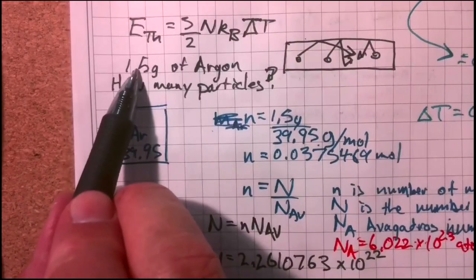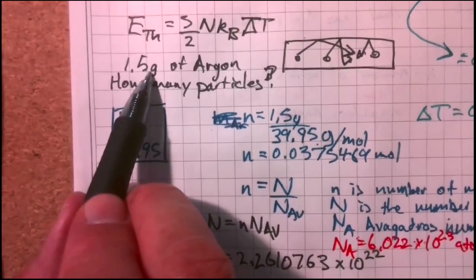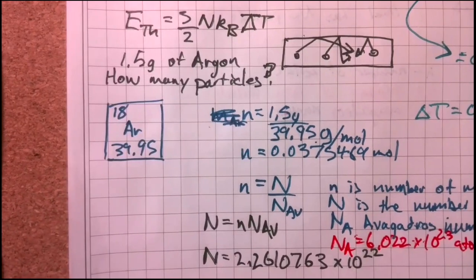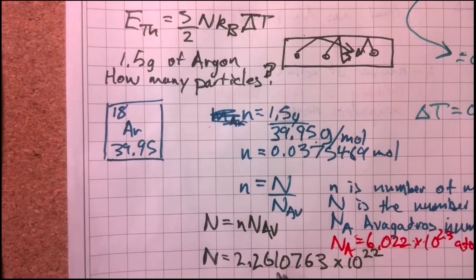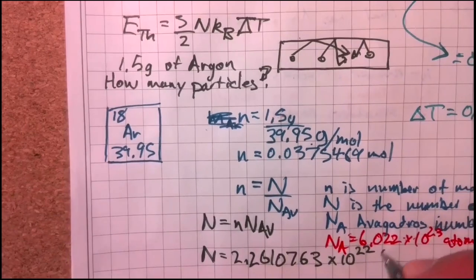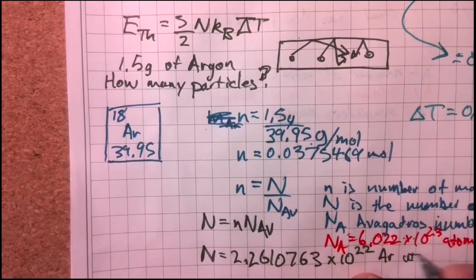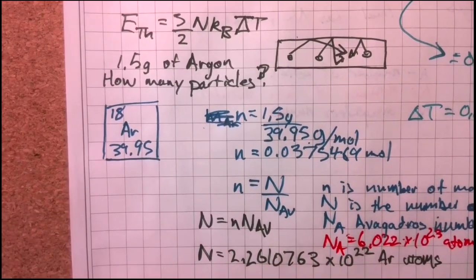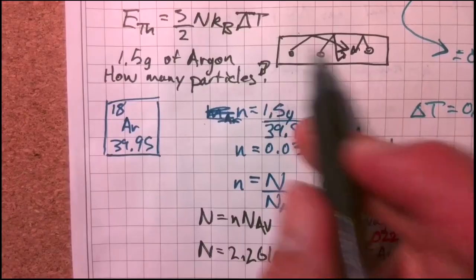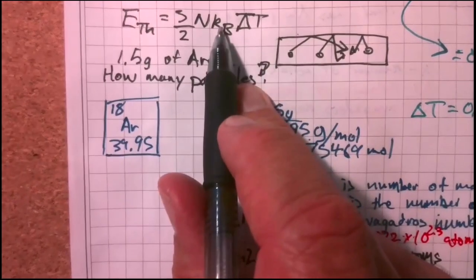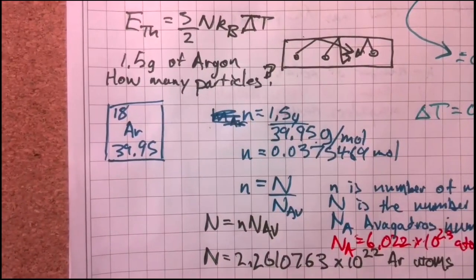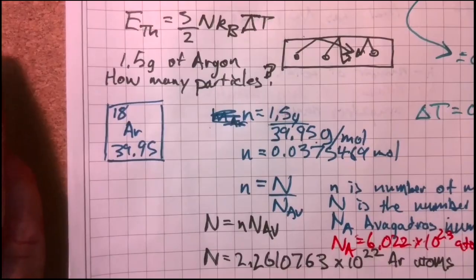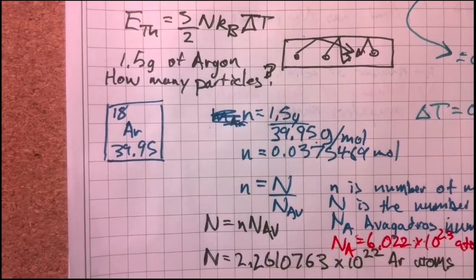So we have just figured out that 1.5 grams of argon gas has 2.26 times 10 to the 22 argon atoms. Boom. Now we can plug all this in here. It's getting a little crazy on my calculator, so I think I might throw this one into MATLAB.